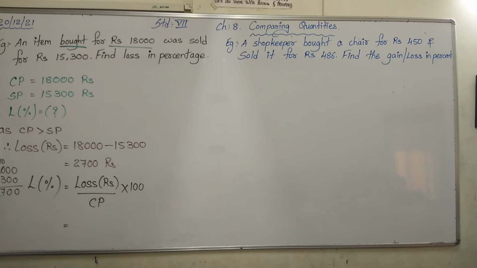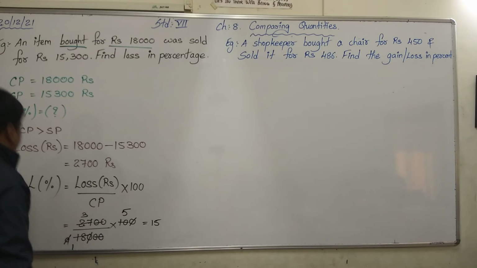That is loss in rupees 2,700 upon cost price 18,000 multiplied by 100. 0, 0 cancel, 0, 0 cancel, 2 9s are 18, 5 3s are 15.